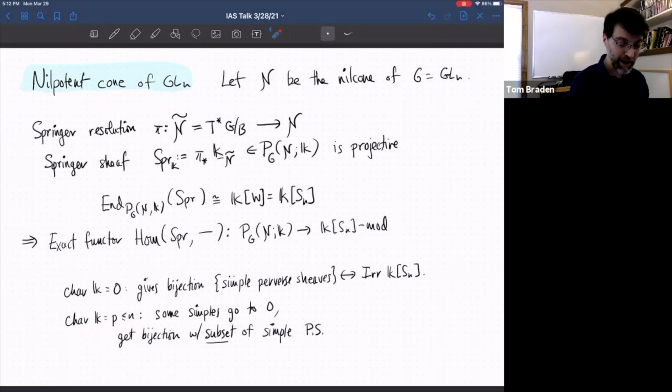So there, you still have one simple perverse sheaf for every stratum, which will be for every partition of n. But some of them are going to be sent to zero when you take Hom from the Springer sheaf to a simple, and so you're going to get a bijection with a subset of the simple perverse sheaves. The ones that don't go to zero are still in bijection with the remaining irreducibles, which are fewer than the partitions of n.